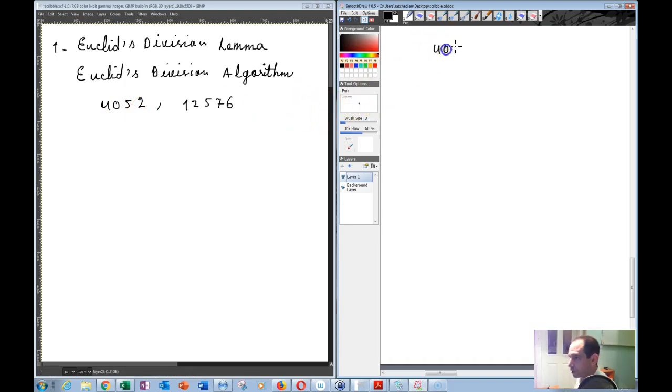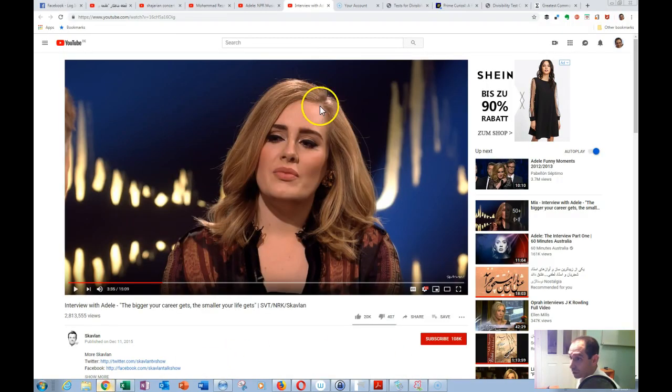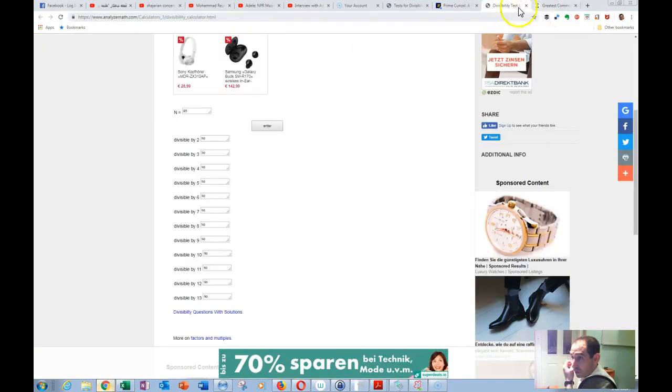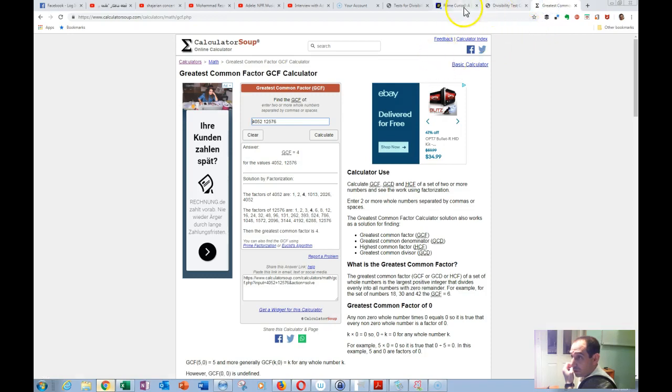So you write 4052. This is divisible by 2, so that's 2 times 2026, and then this is 2 times 1013. And I think 1013 is a prime number, if I'm not wrong.